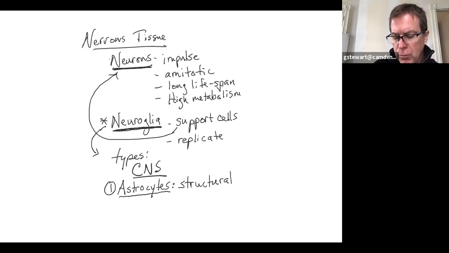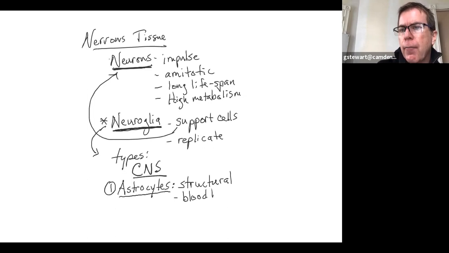They also help maintain something called the blood-brain barrier. If you have heard of it, then maybe you have an idea of what this is. This is a physical net-like structure. These astrocytes have processes coming off of them, and they make this meshwork, this net.